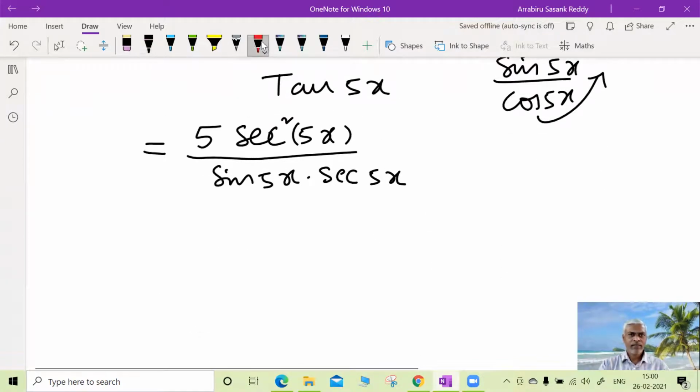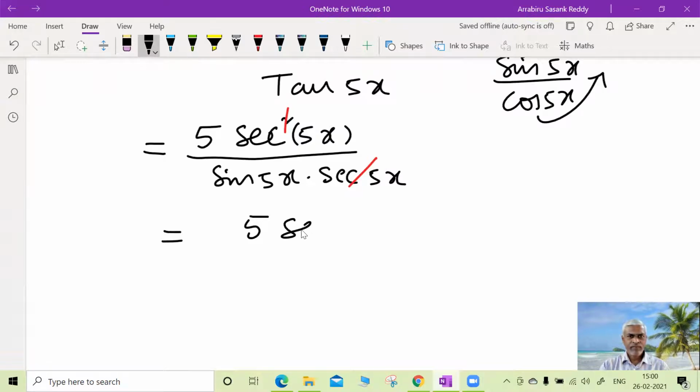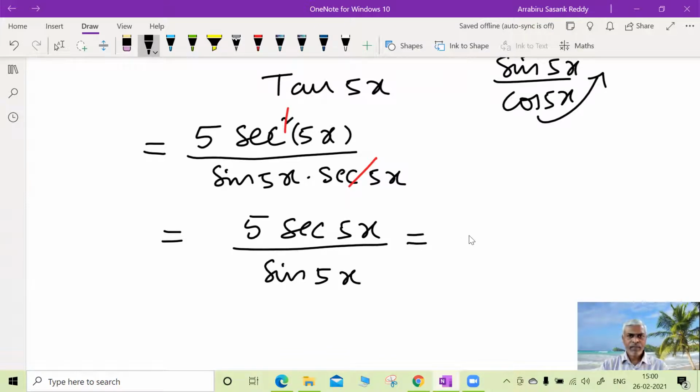So cancelling square and sec, we get 5 sec 5x by sin 5x.